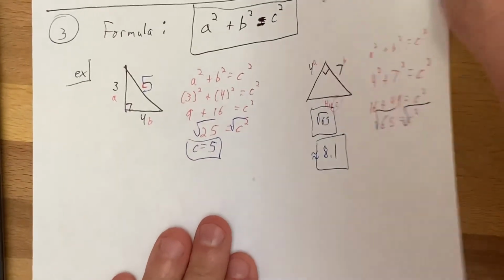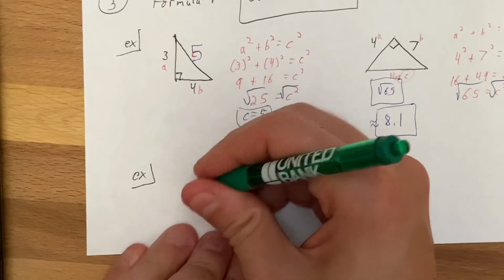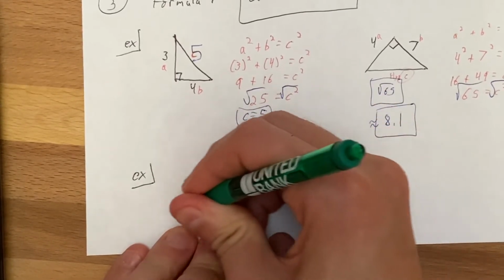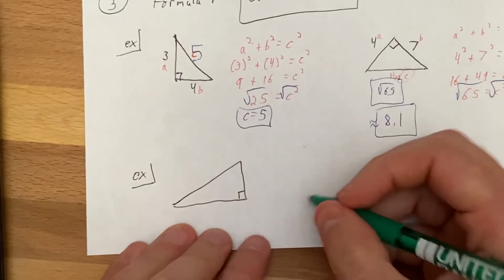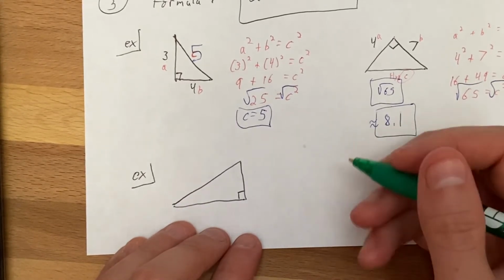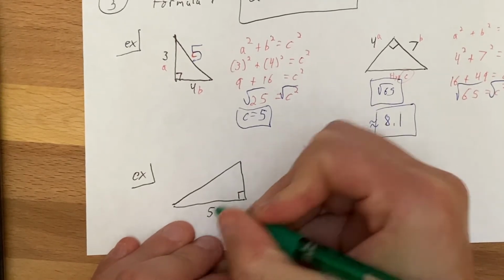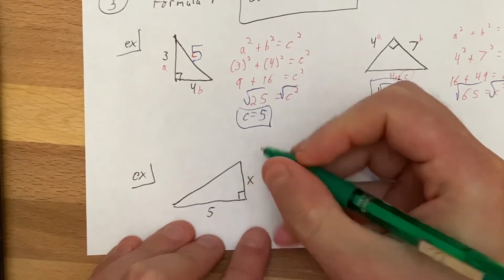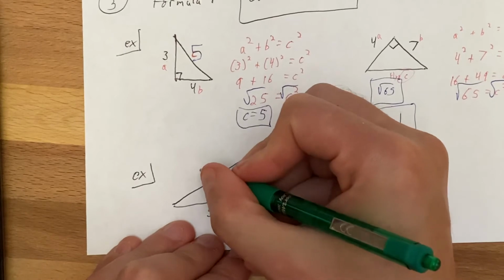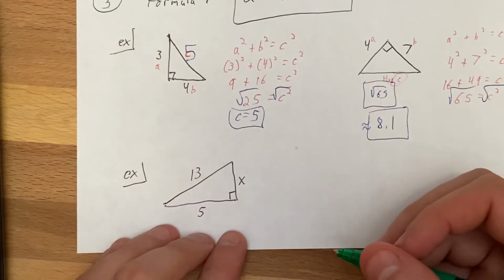All right, another example. This one, I'll start throwing letters in there because, you know, that's what they did in algebra. So let's do that here. If this was 5, and this is x, and this is 13. Let's see if we can solve for x.